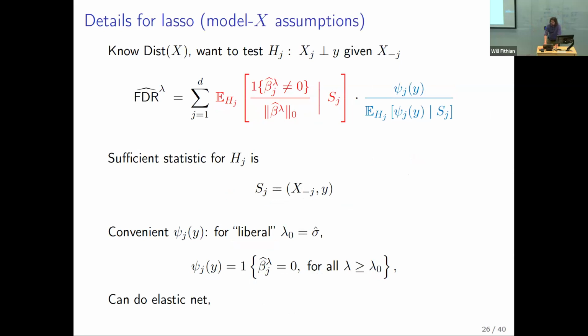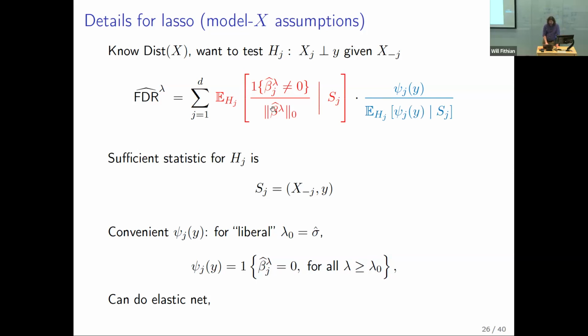Lasso under the model-X knockoffs assumptions. If you're familiar with model-X knockoffs, the corresponding sufficient statistic for a conditional randomization test is all of the variables except for J, not just X minus J transpose Y, but X minus J itself and Y. The way a conditional randomization test works, we're testing whether Xj is conditionally independent of Y given X minus J. So we can simulate new values of Xj that are conditionally independent of Y under their known conditional distribution given X minus J. That's a conditional randomization test.